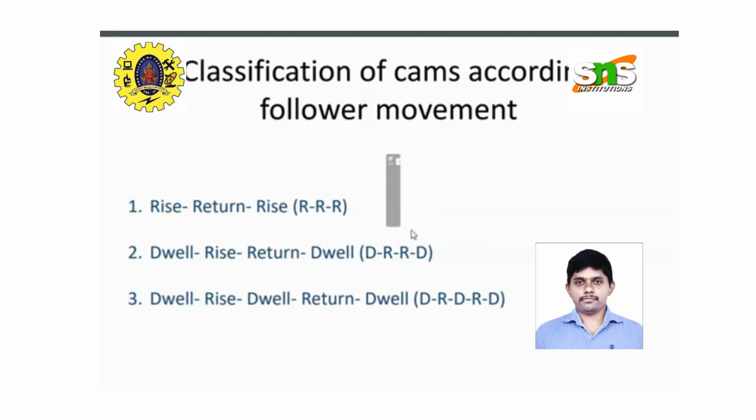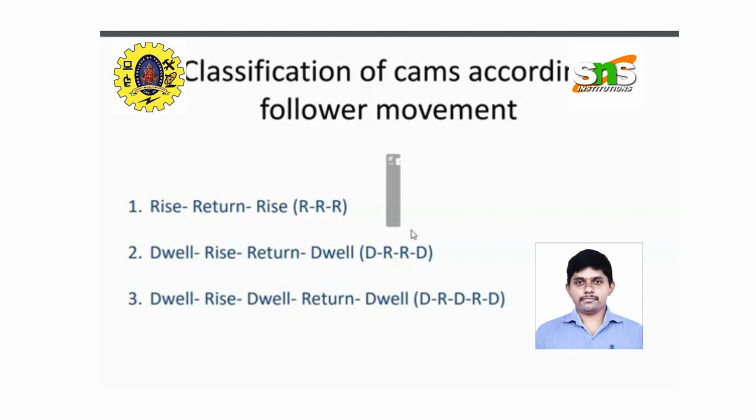Rise is represented by the symbol R, return is also represented by the symbol R, and dwell is represented by the symbol D. When the follower moves in the upward direction, it is the rise. When the follower moves in the downward direction, it is the return.